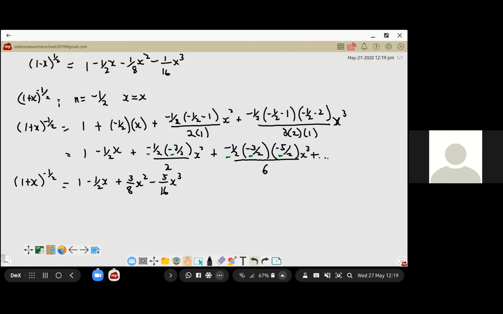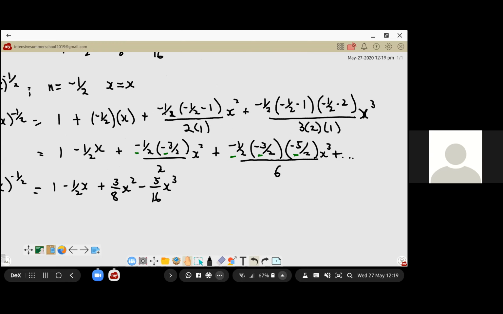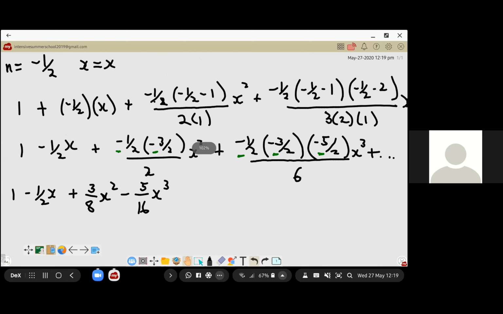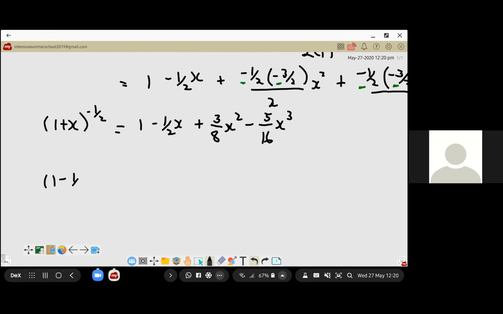So we are going to multiply 1 minus half x, the answer we had for the first one, plus 1 over 8 x squared, minus 1 over 16 x cubed.